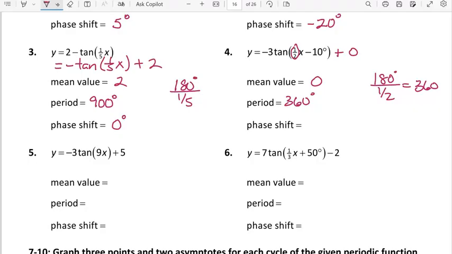And remember, we cannot find that phase shift unless we do the factoring. So I'm going to factor out 1/2, and we need to be especially careful when factoring out 1/2. 1/2 times x minus 20 degrees is the same thing as 1/2 x minus 10. So that means that our phase shift is 20 degrees.